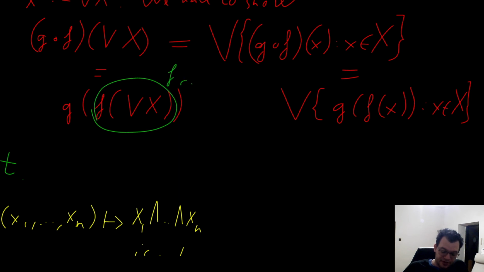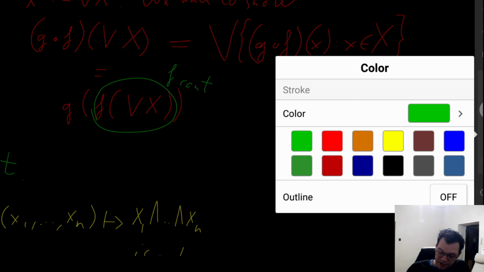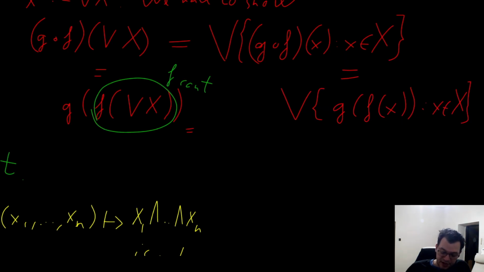Since f is continuous, X is a non-empty chain, and has a supremum, I can rewrite that part. So it's just g of the supremum of the f of x for each x in X.